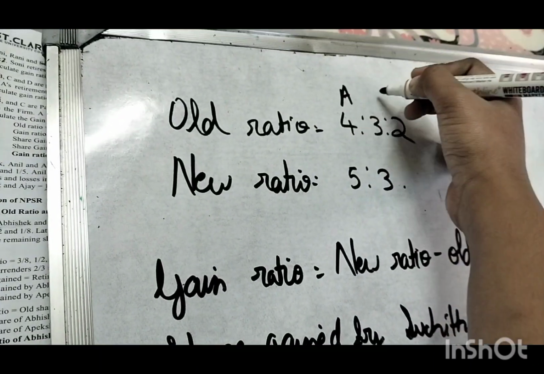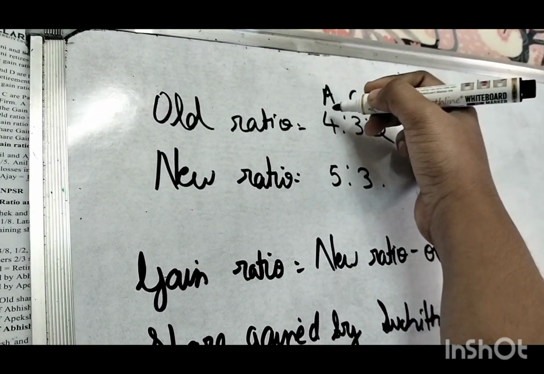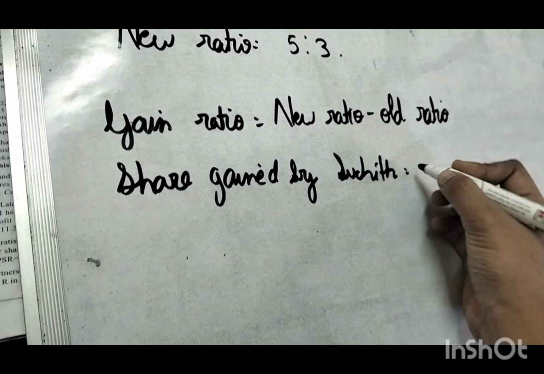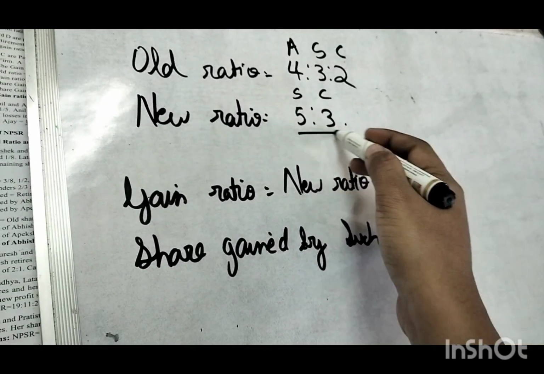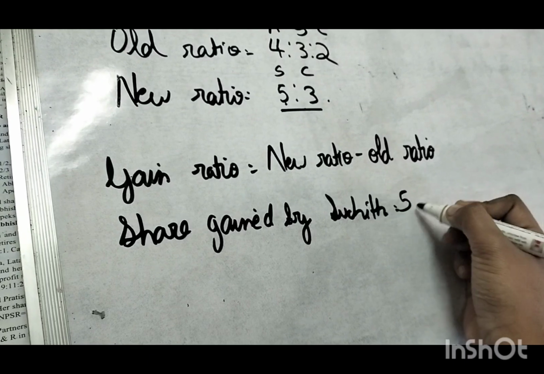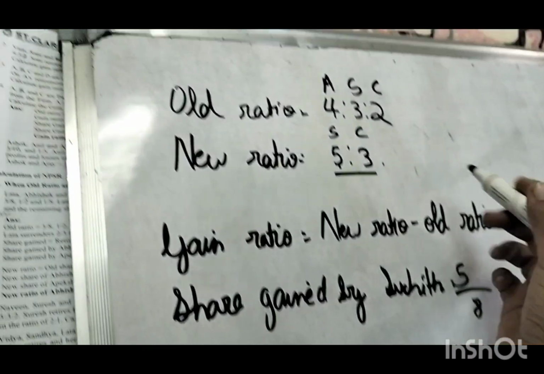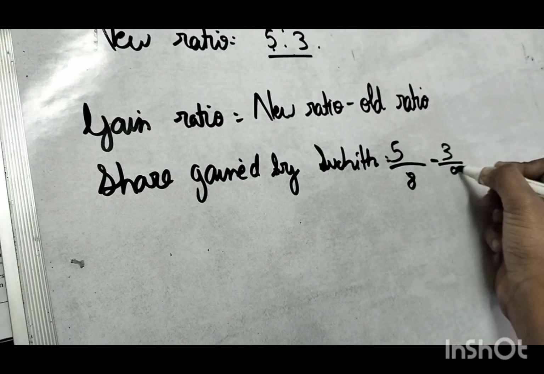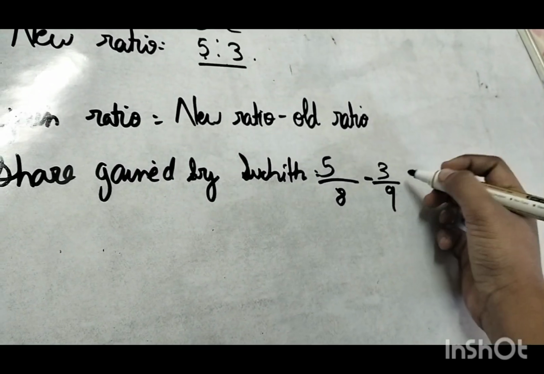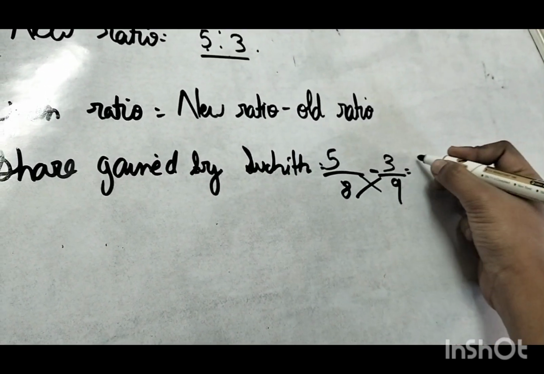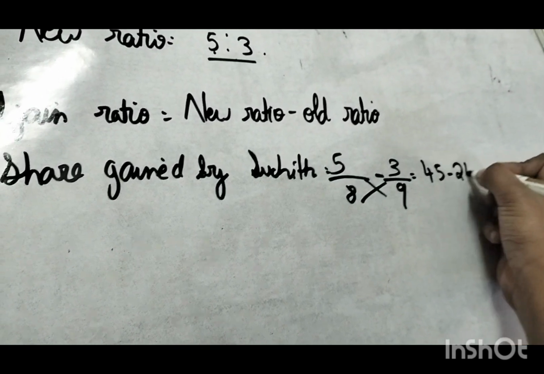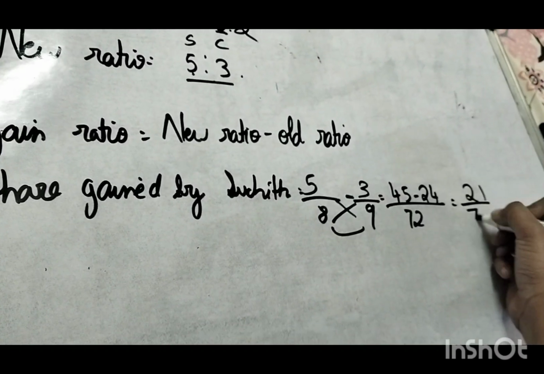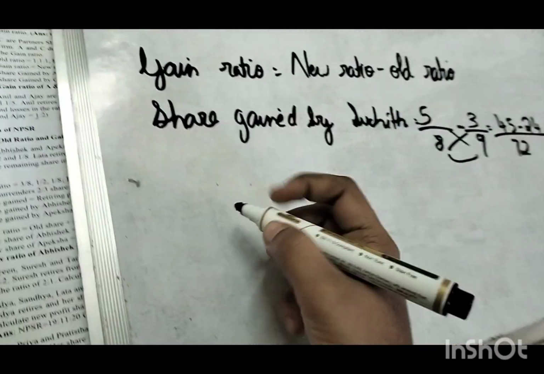This is Ankit, Suchita and Chandru. Ankit retires, so Suchita and Chandru. New ratio is 5:3, so 5/8, since 5 plus 3 is 8, minus 3/9, as Suchita's old ratio is 3 and the total is 9. 5/8 minus 3/9. You cross multiply: 45 minus 24 divided by 9 into 8 is 72, so you get 21/72.